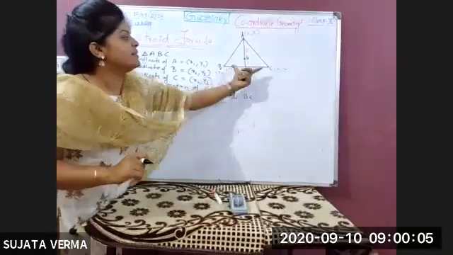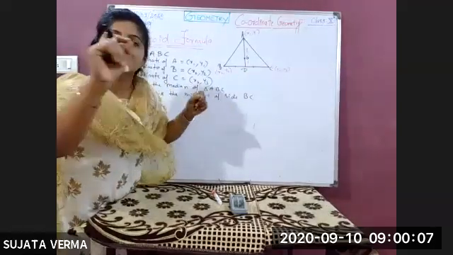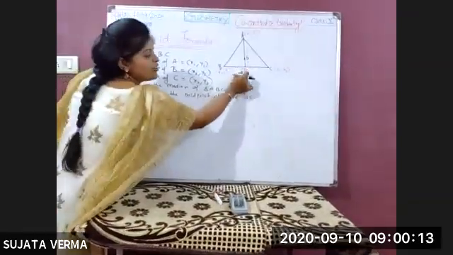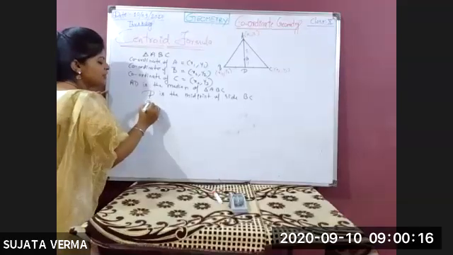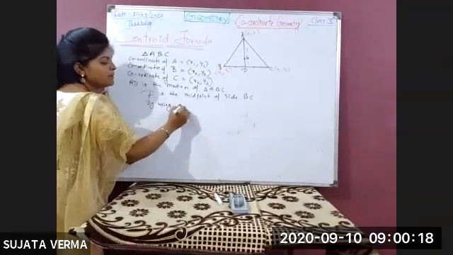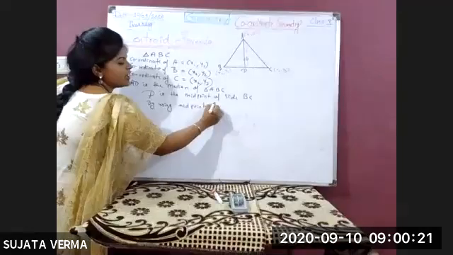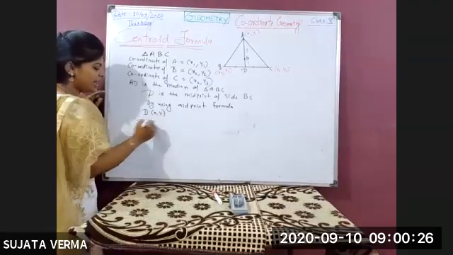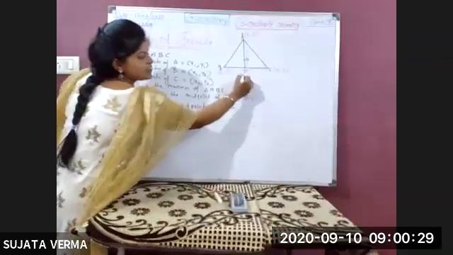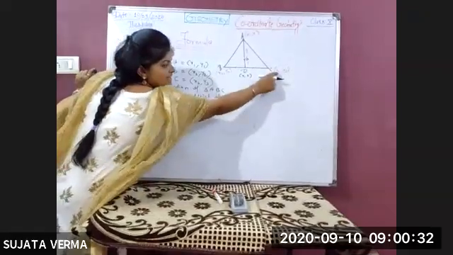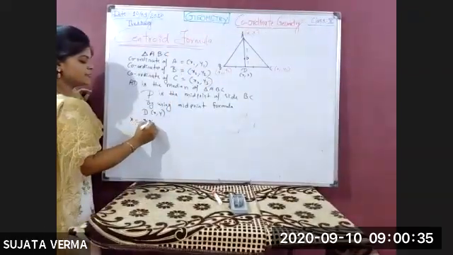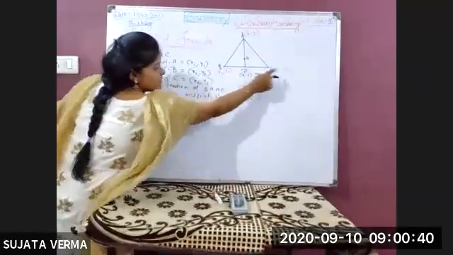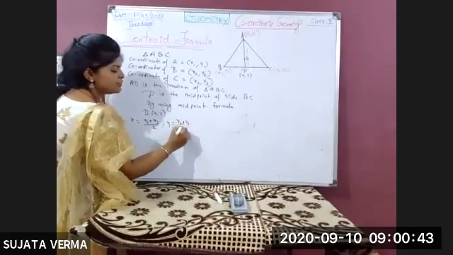Then we apply the midpoint formula for finding the coordinates of D. By using the midpoint formula, we can write x is equal to (x2 plus x3) divided by 2, and y is equal to (y2 plus y3) divided by 2.